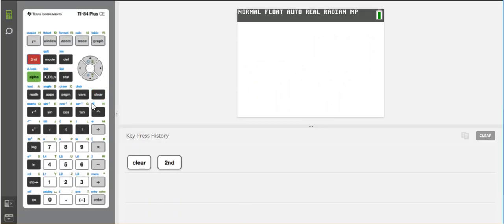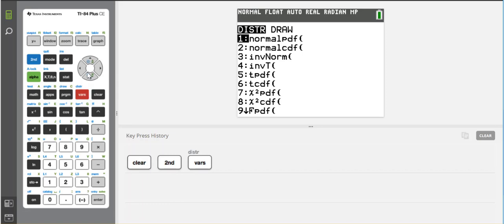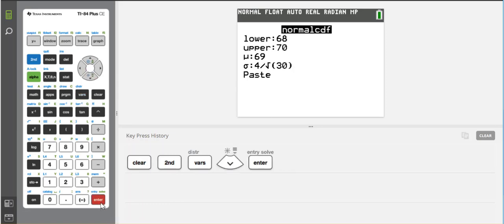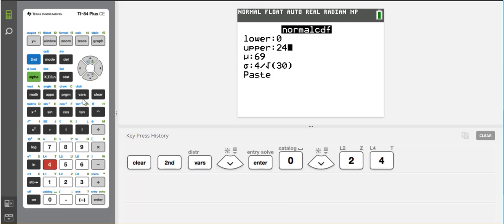I go to second and then the distribution menu, so I'm hitting second vars, and I want the normal CDF. Then it asks for lower. Lower is 0, the day it comes off the production line. Then 24 months is the upper, the end of the guarantee.